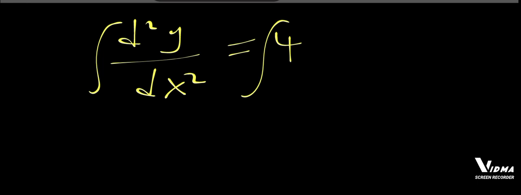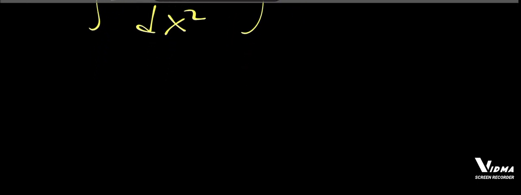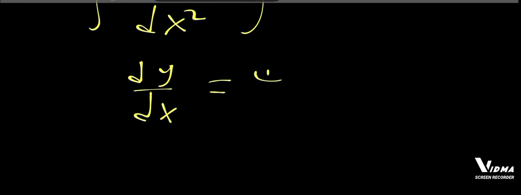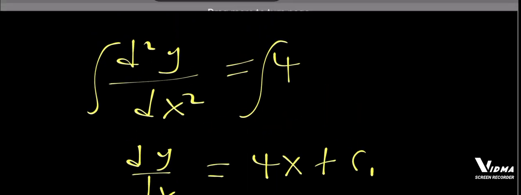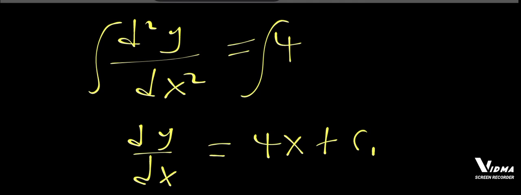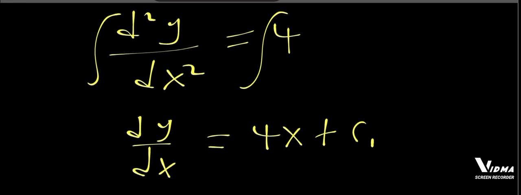So integrating d squared y over dx squared with respect to x is going to give me dy dx being equal to 4x plus c1. Because when we integrate, we have to add a constant to it.